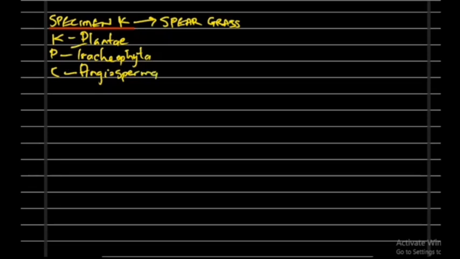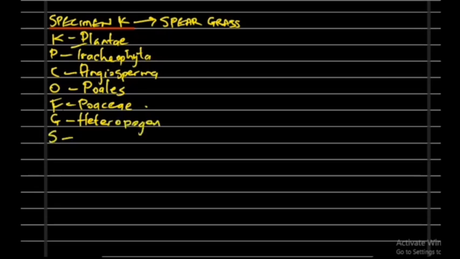The class is Angiosperma. The order is Rhipalis. The family is Poaceae. We have the genus to be Heteropogon, and the species now is contortus.